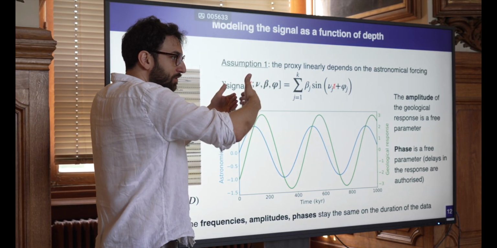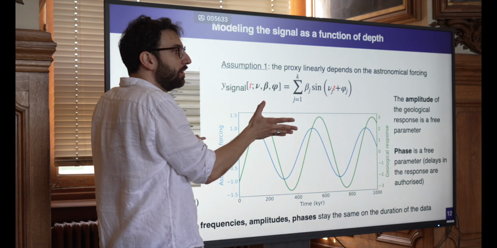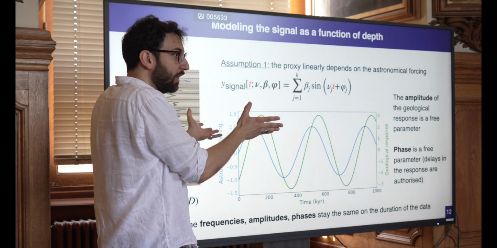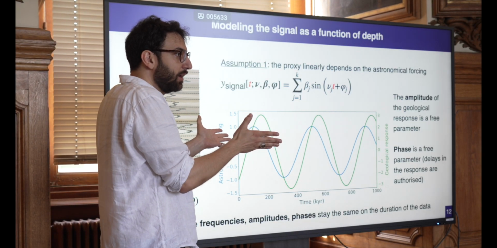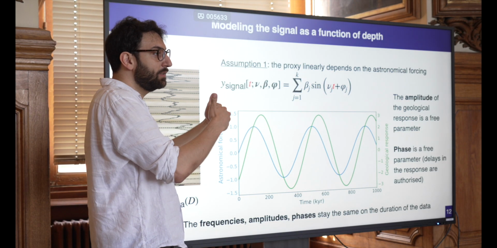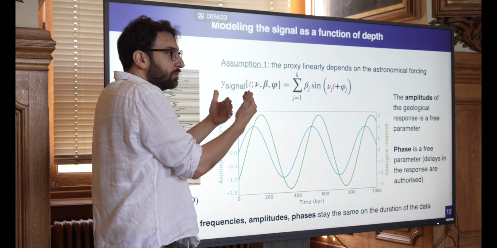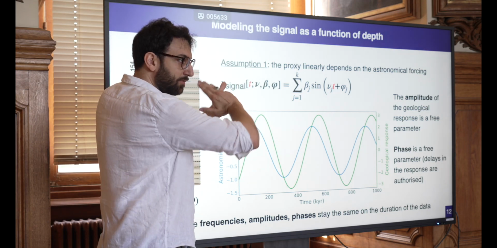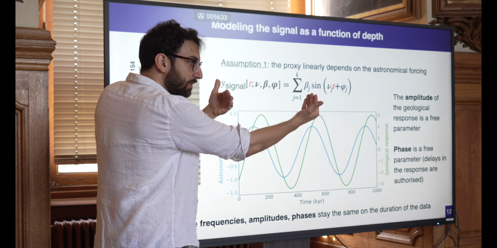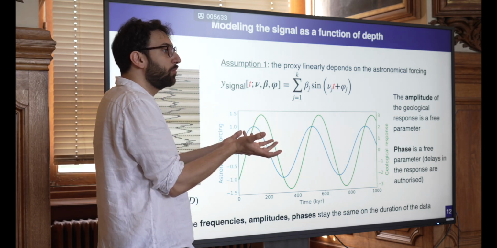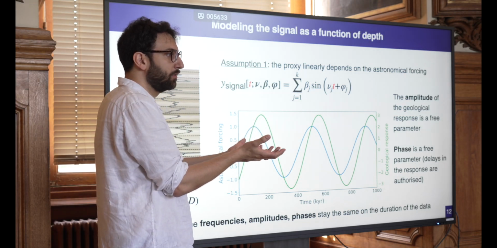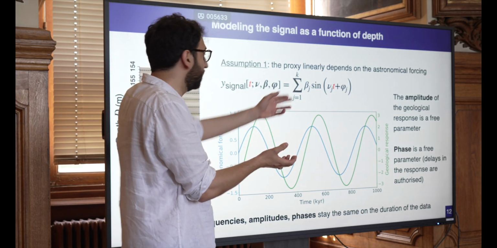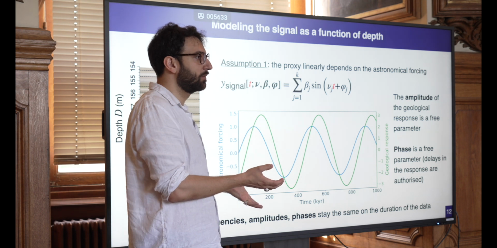The reference of the astronomical signal does not appear anywhere in the model. And even if you knew it, you could want to have some sort of delay in the response of the proxy. So the simple practical solution is just to have it as a completely free parameter. Okay.